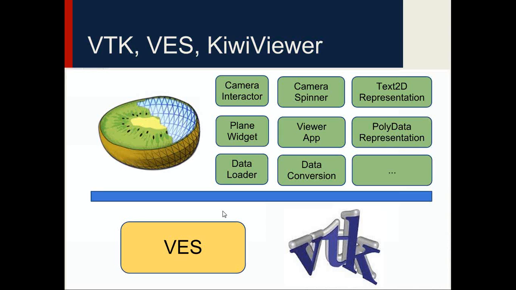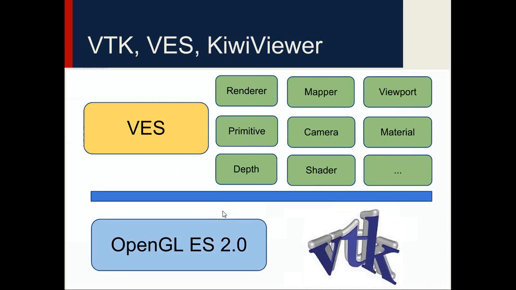So how to load data, how to create a base class for your application, and some of the representation classes. While if you go one level below and look at the components in VES, those components are really focused on the rendering part of it. So you will find a renderer, a camera, primitive mappers, viewports, kind of sister classes of the ones that are currently in VTK for doing rendering with the standard OpenGL.